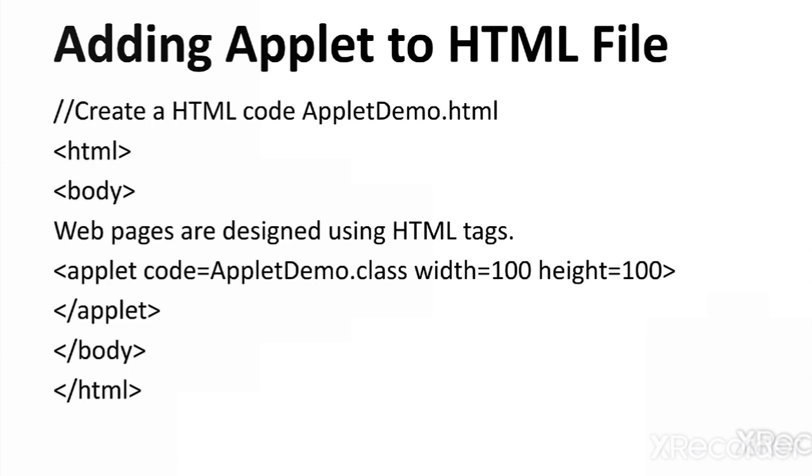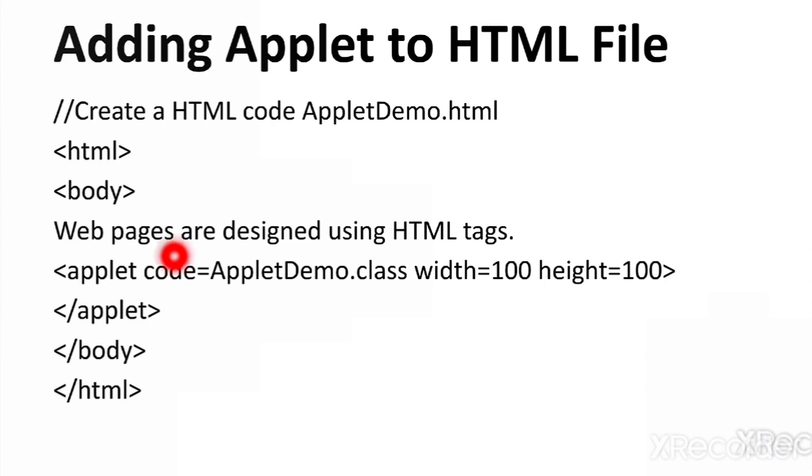The HTML file begins with the HTML tag, and then I have included the body section for displaying the information on the web page. Whatever you see within this body will be the content or the information that you can see on any web page.